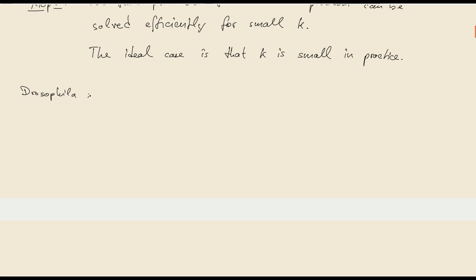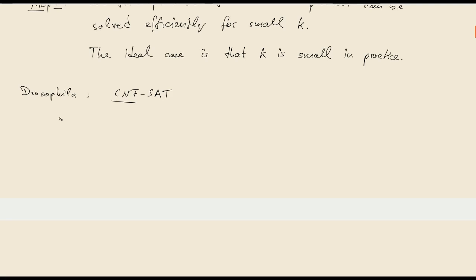The Drosophila of complexity theory is CNF-SAT. Ordinary satisfiability was the mother of all NP-complete problems, as we've seen last time. Now we restrict it a bit. We only allow formulas in conjunctive normal form, because that gives us a few more parameters that we can choose.